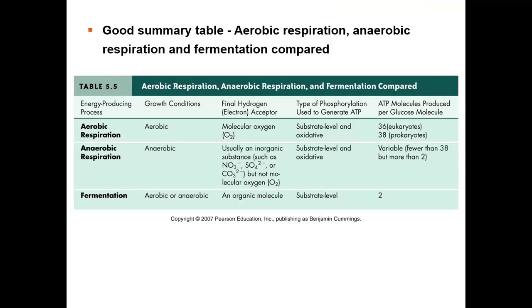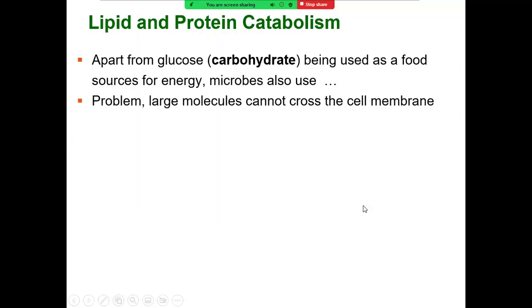And then anaerobic respiration, the amount of ATP you make is variable, because there are different forms of anaerobic respiration, and it depends on the form. But it's always less than 38, the highest is 36, and it's always more than 2. And then fermentation, you only get 2 molecules of ATP per molecule of glucose. Any questions about any of that?